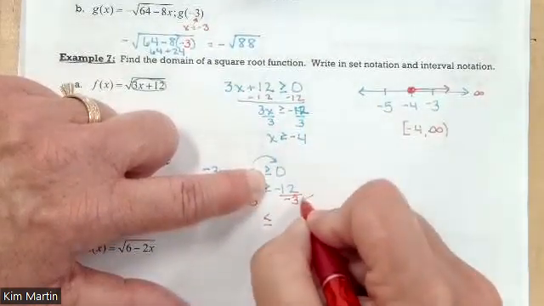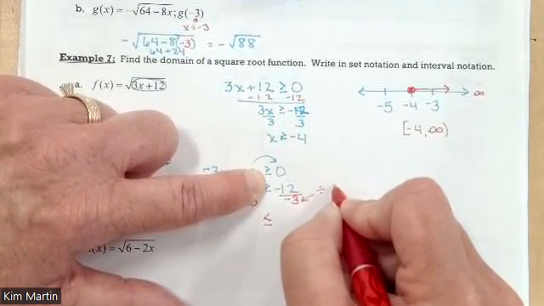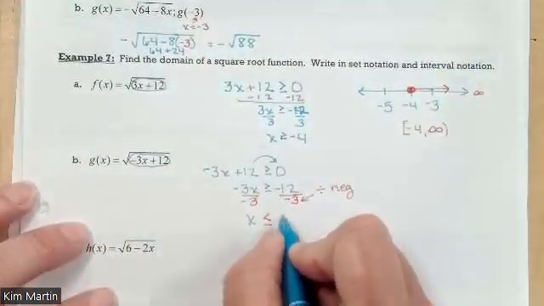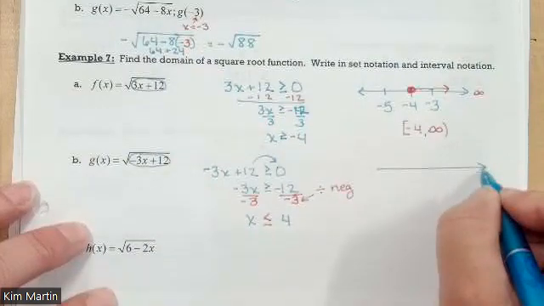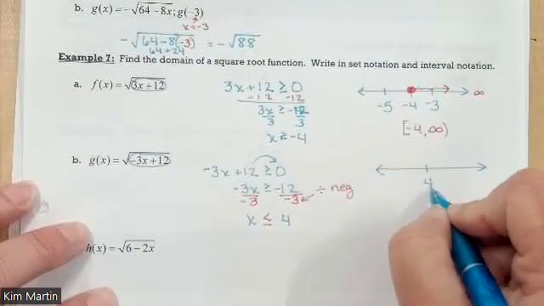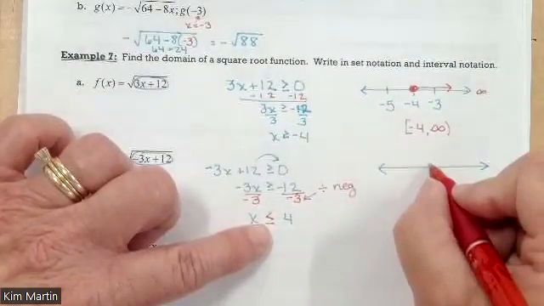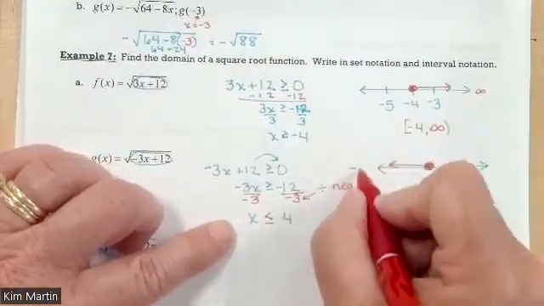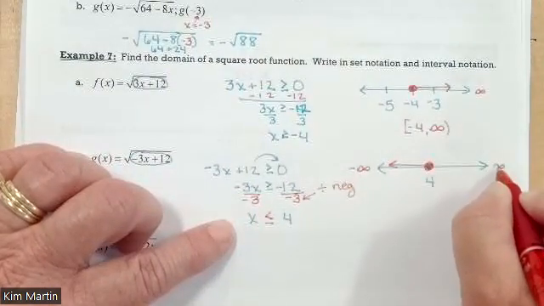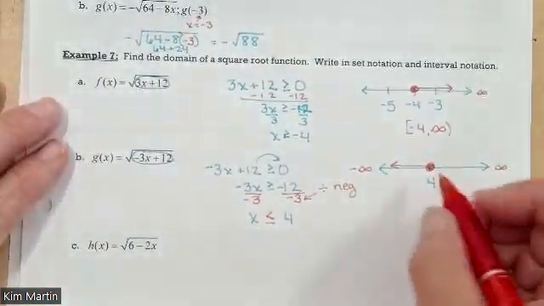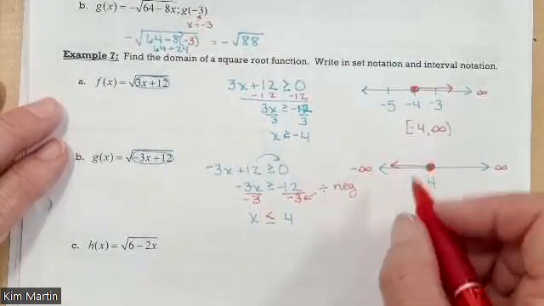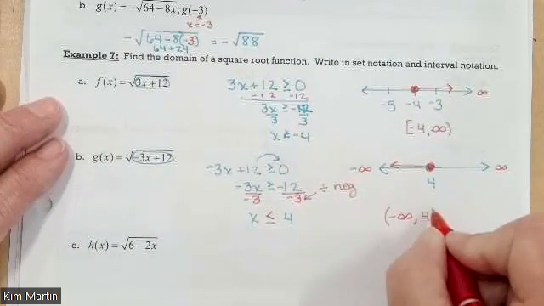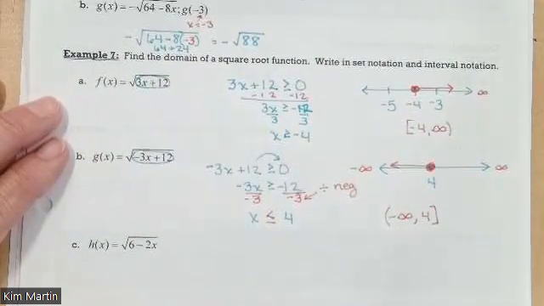That's because we are dividing by a negative. And you're going to get x is less than or equal to 4. So on a number line, we put 4. Closed circle at 4, and it's everything in this direction. Start with your negative infinity. It is smaller than 4. Parenthesis here, bracket here.